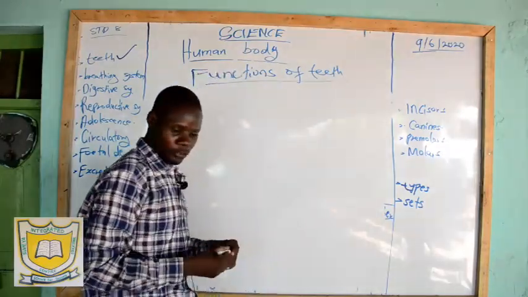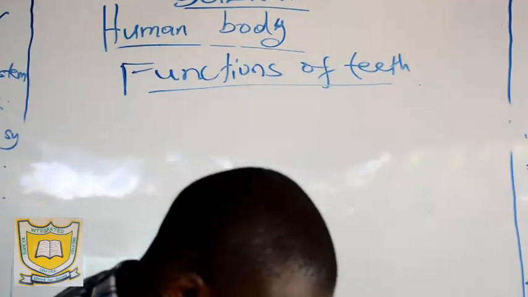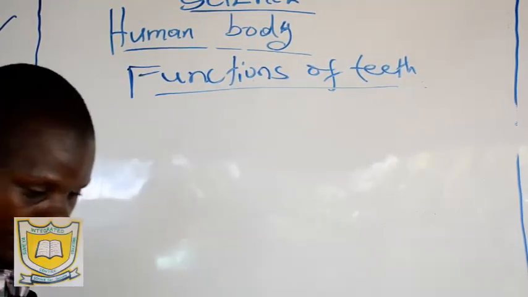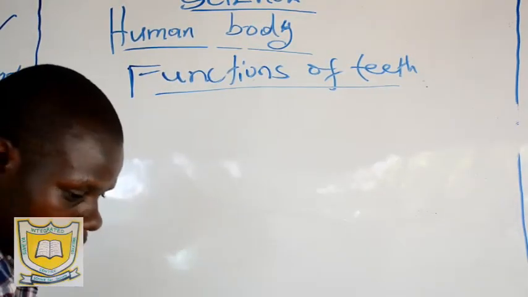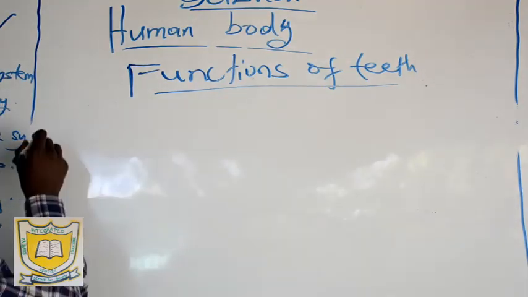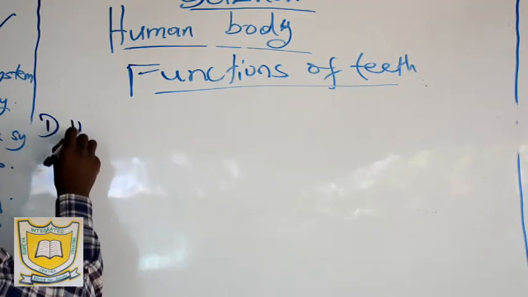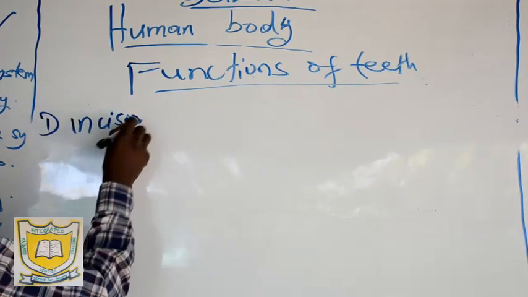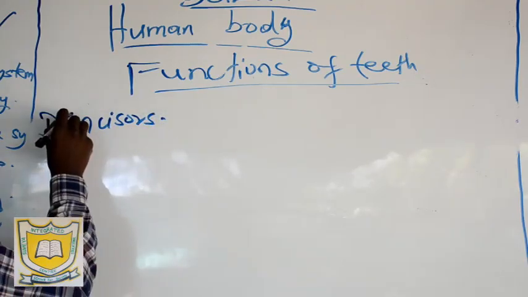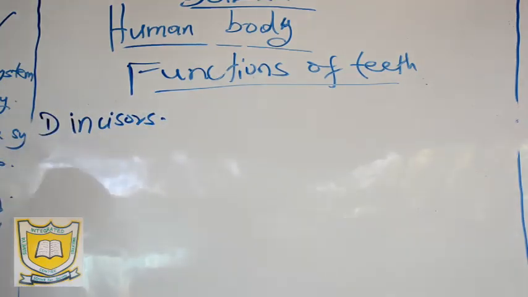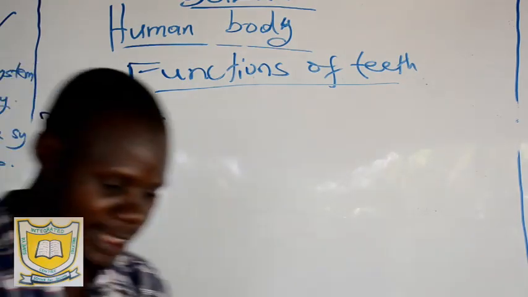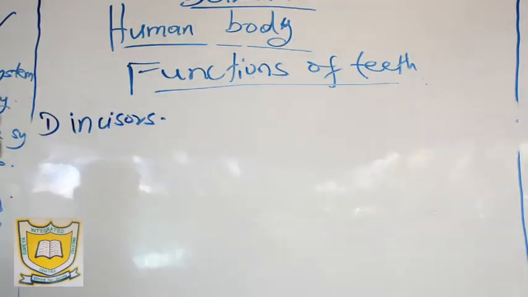Now under the function of teeth, we have the incisors. Let us start with the first type of teeth, which is incisors. Now we said that incisors are chisel-like in structure, and the function of incisors is biting and cutting.